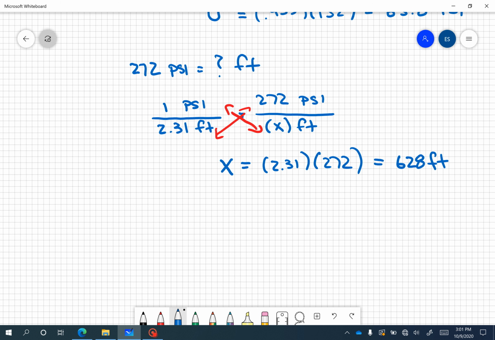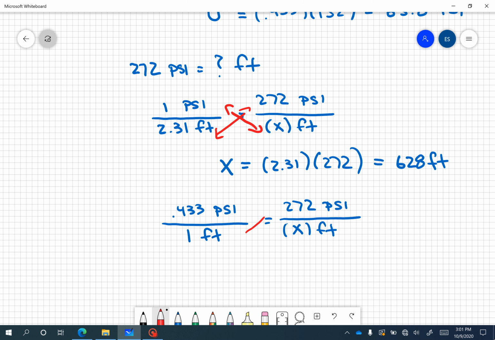Again, we could use the other conversion, which would be 0.433 PSI equals 1 foot. 272 PSI equals an unknown amount of feet.